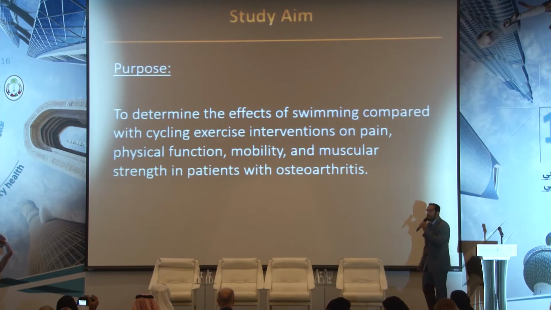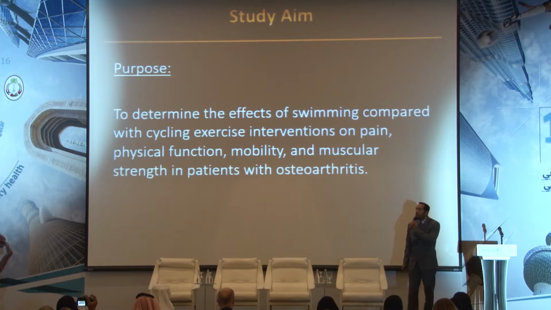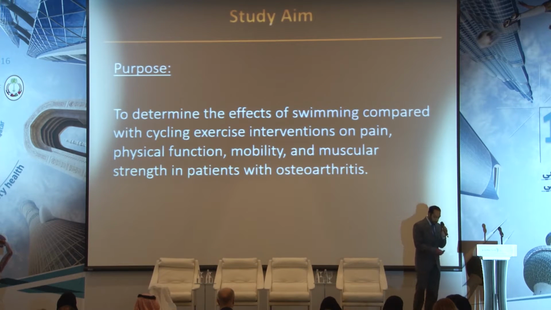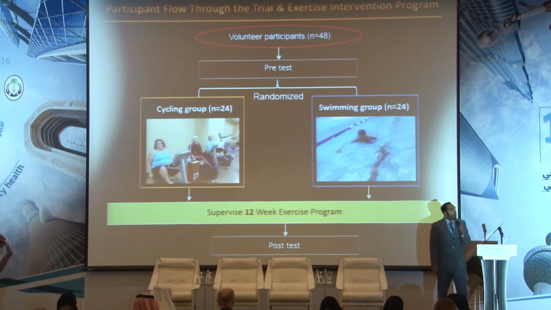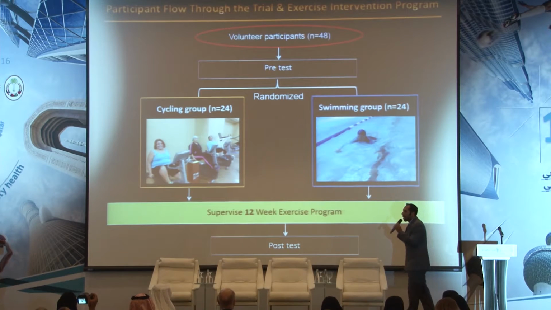The purpose of the study was to determine the effect of swimming compared with cycling exercise intervention on pain, physical function, mobility, and strength in patients with osteoarthritis. I recruited 48 participants. They did a pre-test, then I randomly assigned them into two groups, the cycling group and the swimming group.